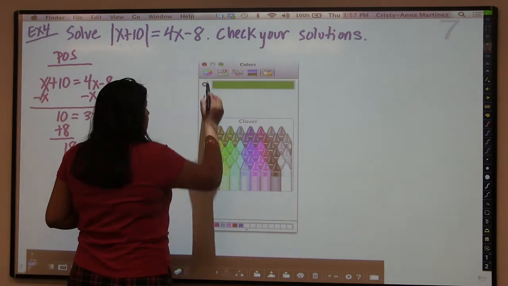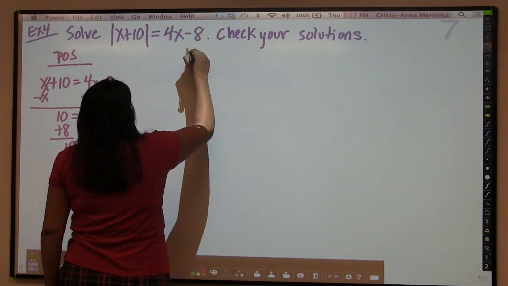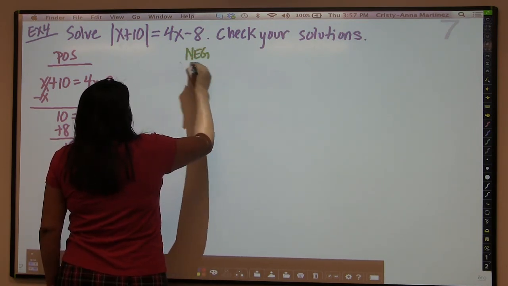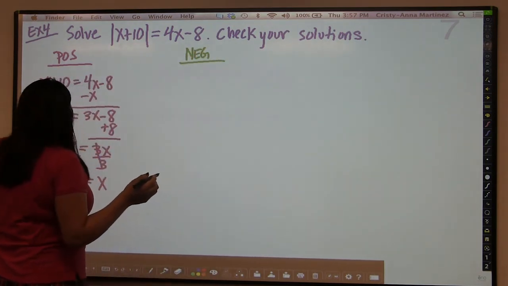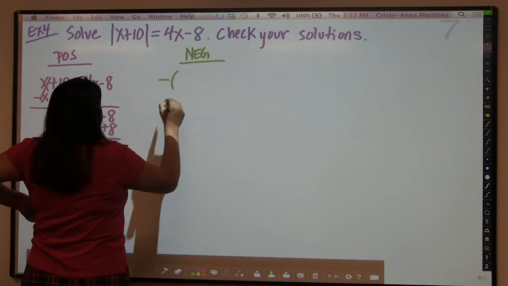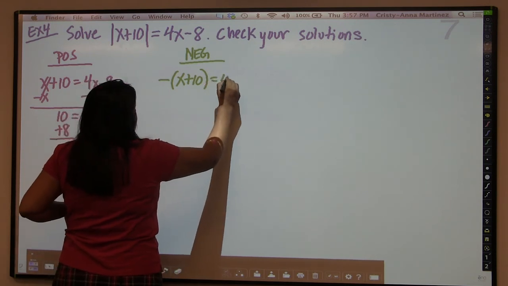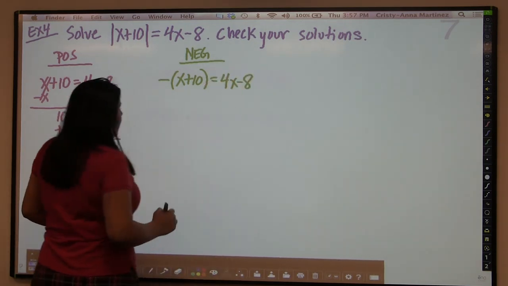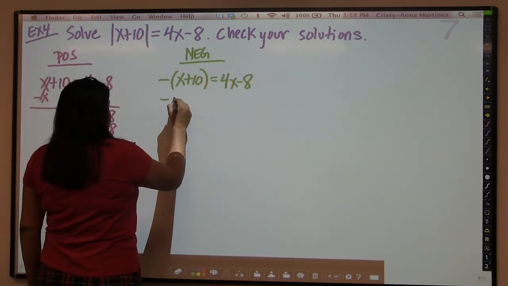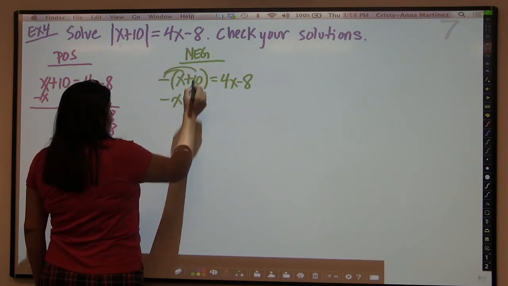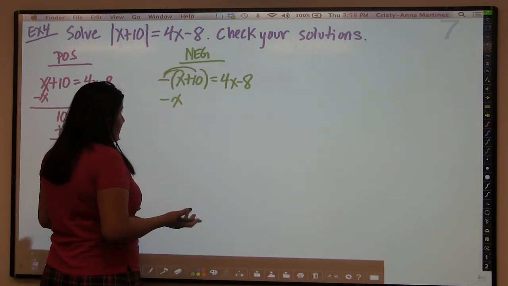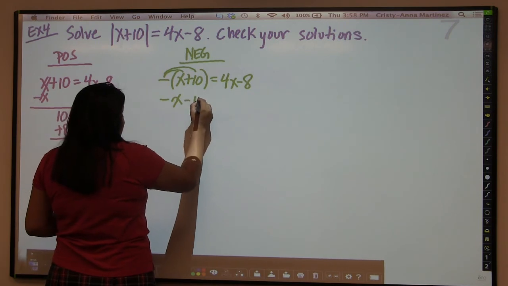Then we go to the negative case. In the negative case, we do what we did last time. We put a negative in front of the absolute value expression. All right? At this point, you can distribute the negative. Negative 1 times x is negative x, negative 1 times positive 10 is negative 10.